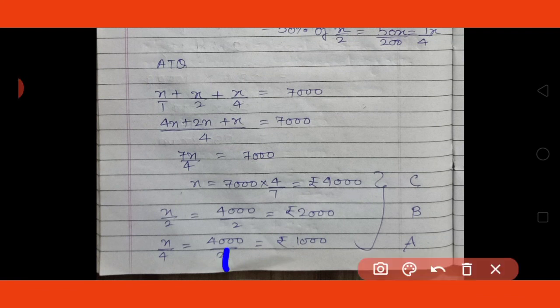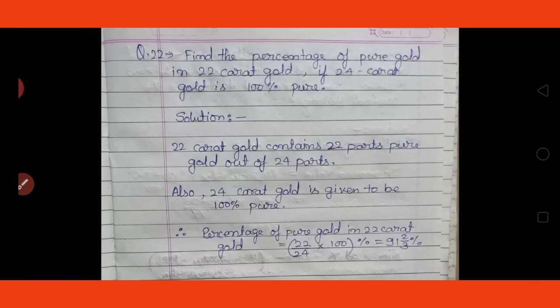By mistake I wrote 2 here. So A's value is 1,000. Whenever you add 4,000, 2,000 and 1,000, you get 7,000.